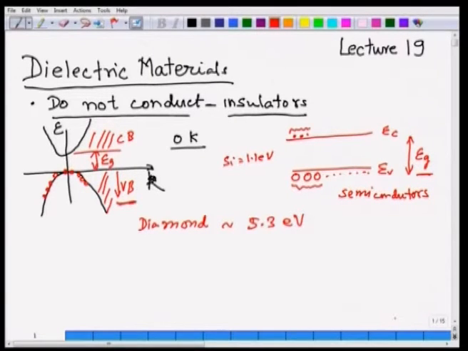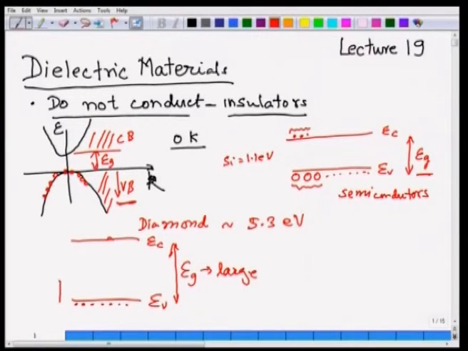Then at nominal temperatures, let's draw it like this: this is Ec, this is Ev, and a large band gap, Eg. Then these electrons which are here are not going to be able to jump up here. This jump will be very difficult, and hence again these materials will not conduct, and these will be insulators.